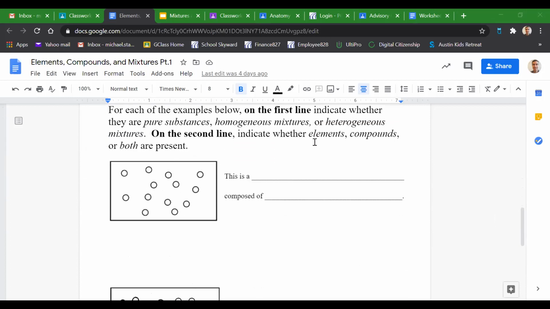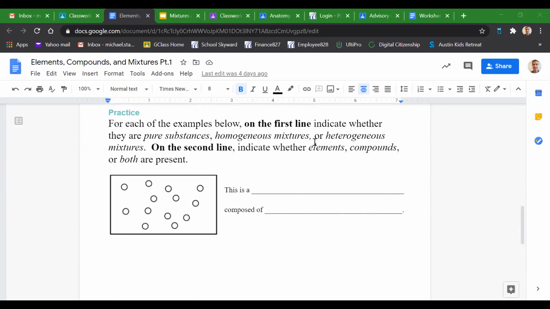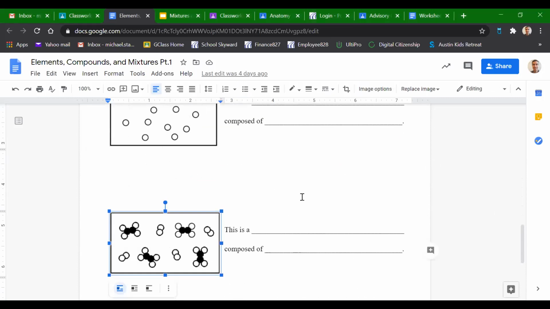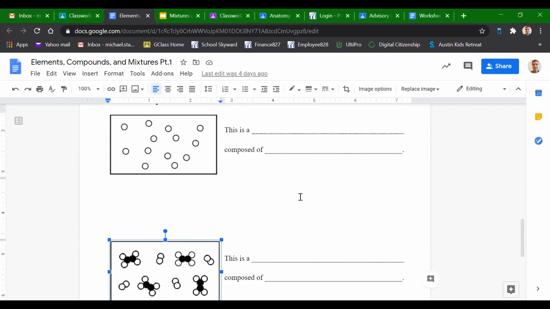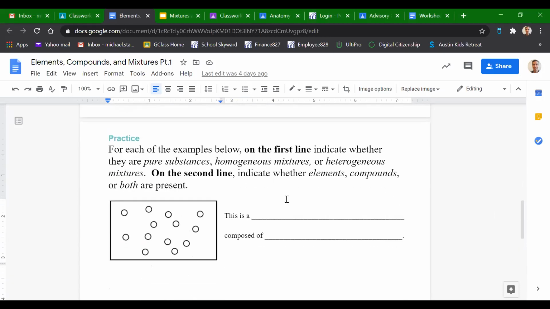The actual homework part is on the second page down here. Each question of your homework goes along with a picture. And for each picture, I want you to tell me two things. The first one is on this first line here.